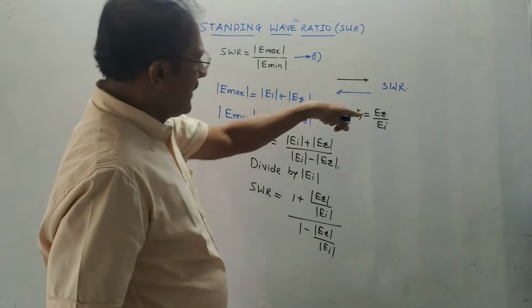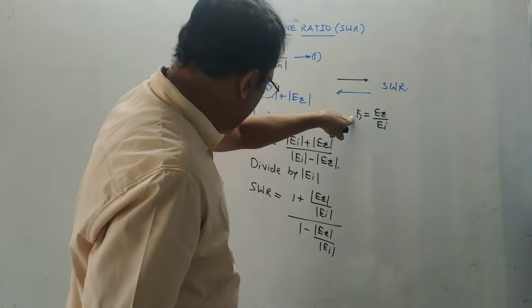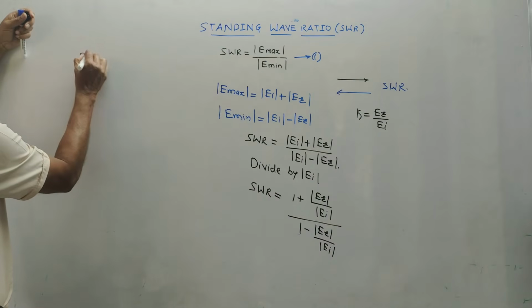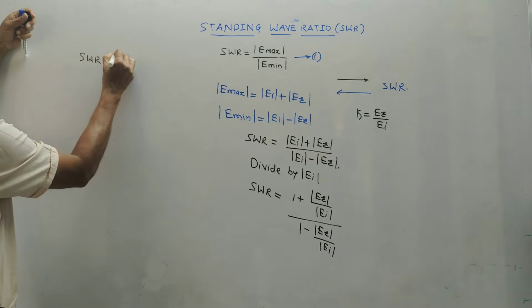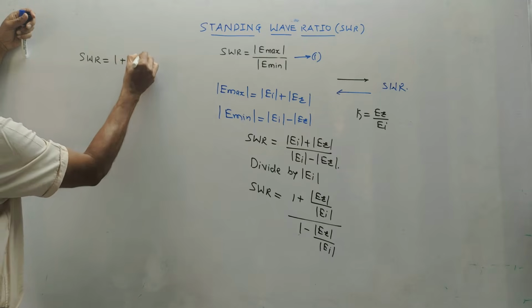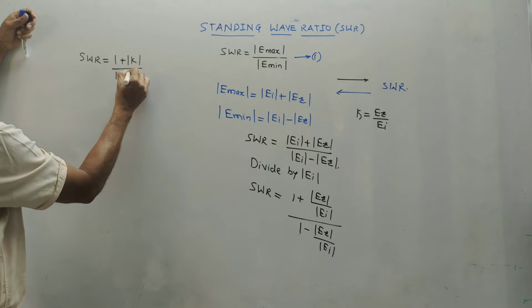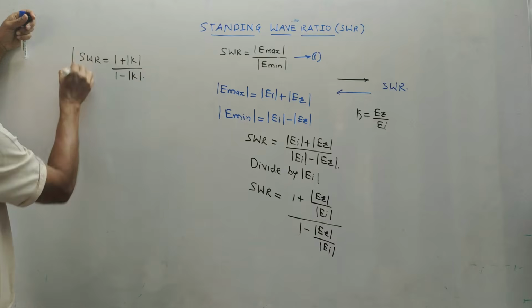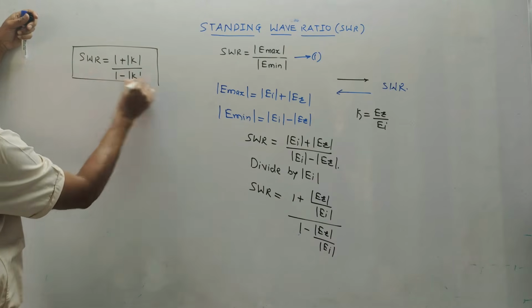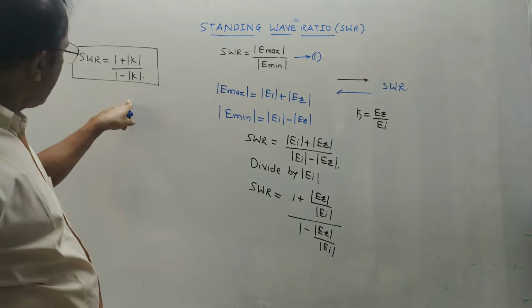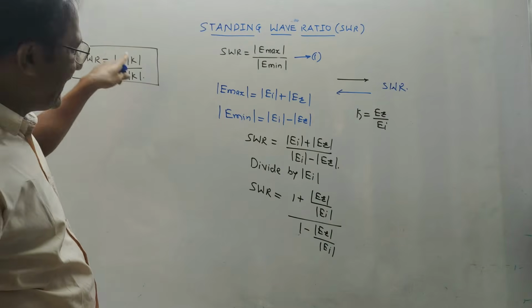What did we discuss? ER upon EI stands for K. So I will write this equation as SWR equals 1 plus mod K divided by 1 minus mod K. This is the equation of standing wave ratio in terms of reflection coefficient, that is K.